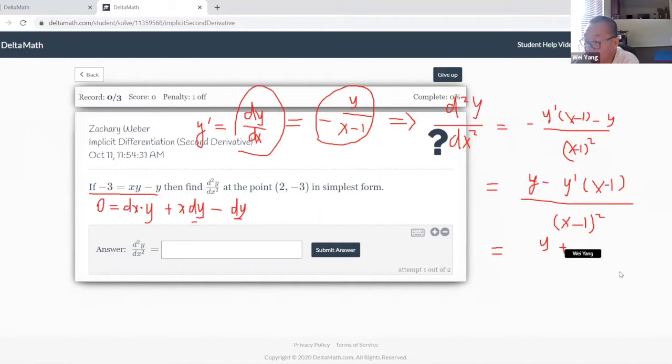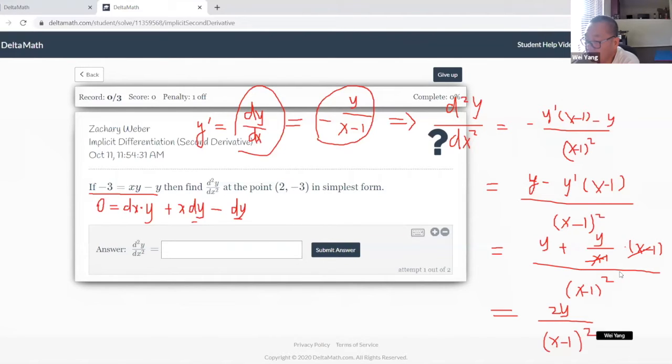This changes to plus y over x minus 1 times x minus 1, then divided by x minus 1 squared. So x minus 1 cancels out, 1y plus y is 2y over x minus 1 squared. So I think the answer for this equals this.